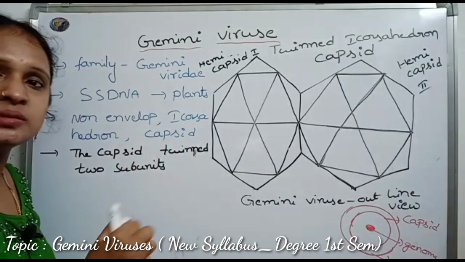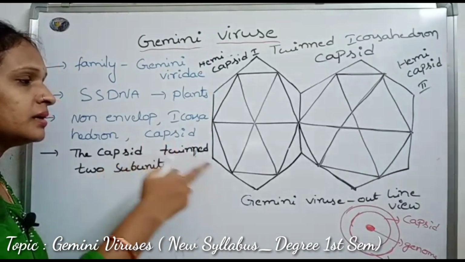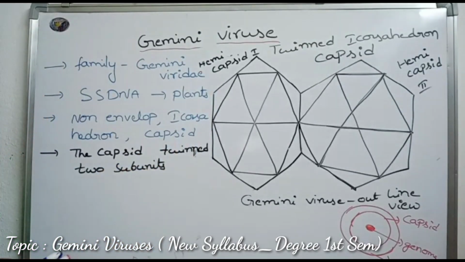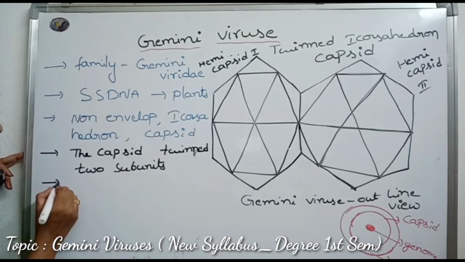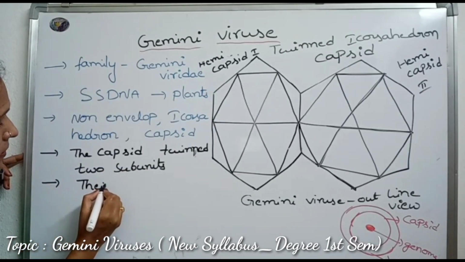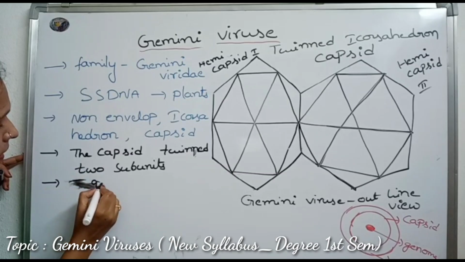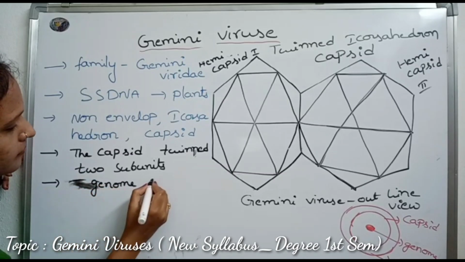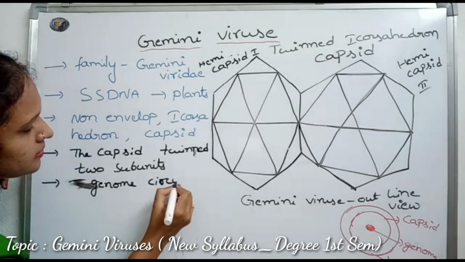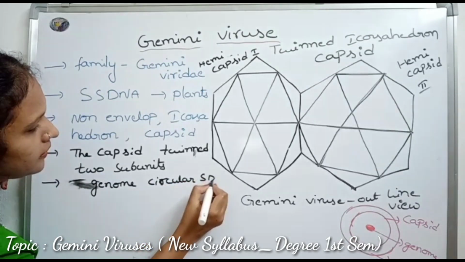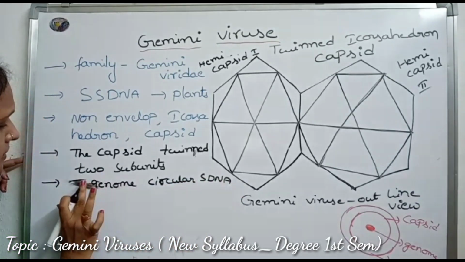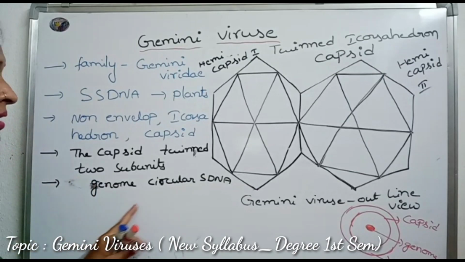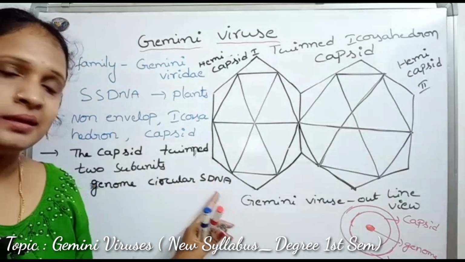Gemini viruses means two subunits of the capsid, and their genome is single stranded. Their genome is a circular single stranded DNA.